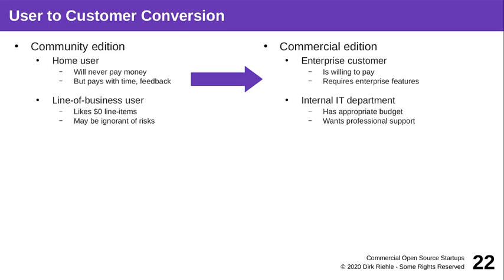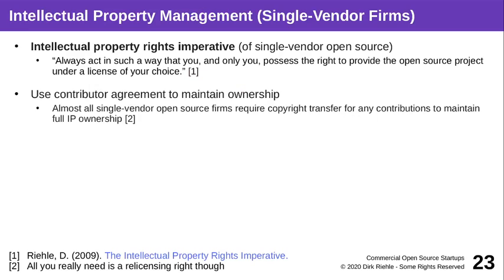We are going to buy the commercial edition because we want support. We want to be able to call someone up and get resolution of problems within a defined time scope. The IT department wants that professional support and usually has a budget to pay for it.